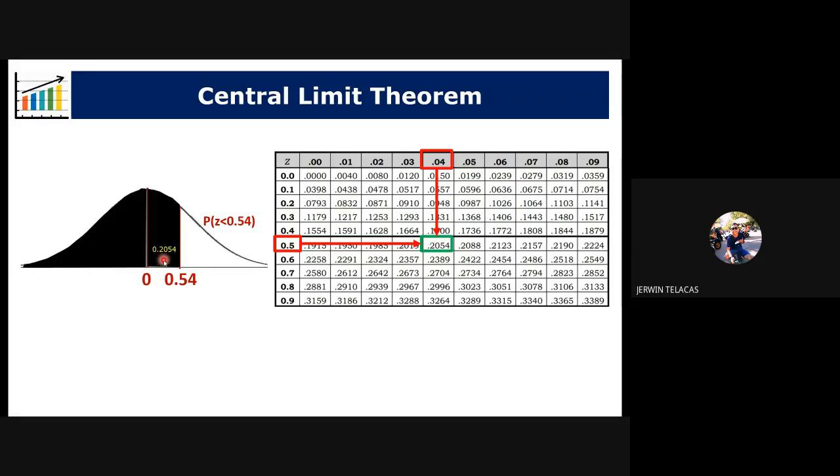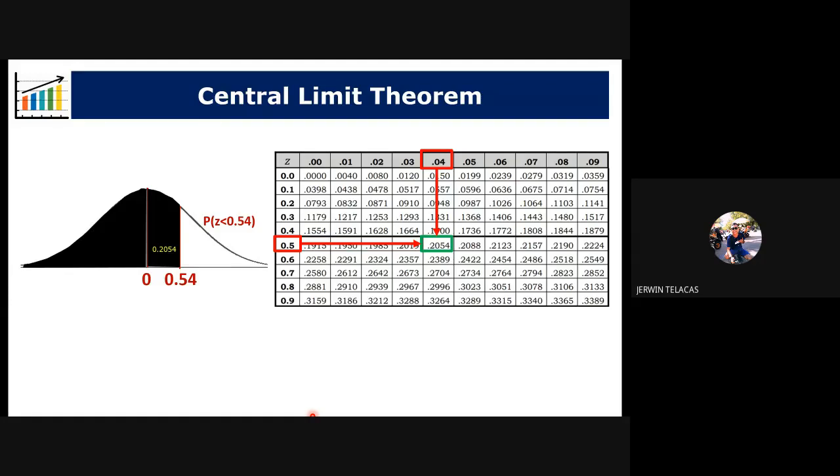That is 0.2054. Now, how are you going then to find the area or the portion of the graph that is less than 0.54? Anyone? May I call in Miss Gutierrez? Paano natin hanapin ngayon tong area nito, yung shaded region?